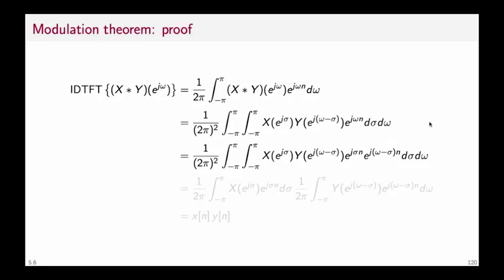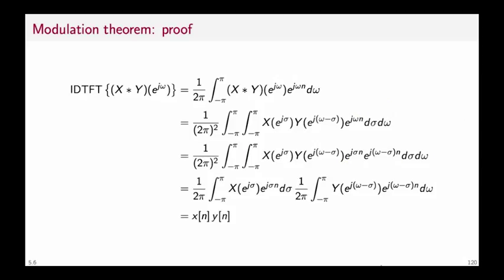Now we use the same trick that we used when we proved the convolution theorem, namely we replace omega with omega minus sigma plus sigma in the exponential here. And we managed to split the complex exponential in a way that will allow us to separate the contribution due to x and to y.